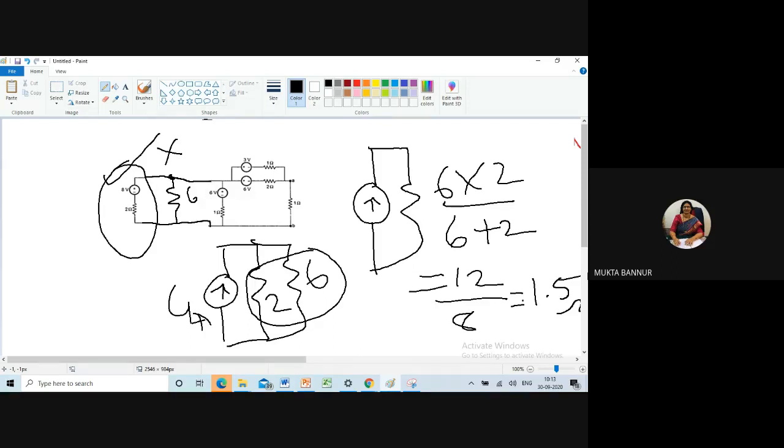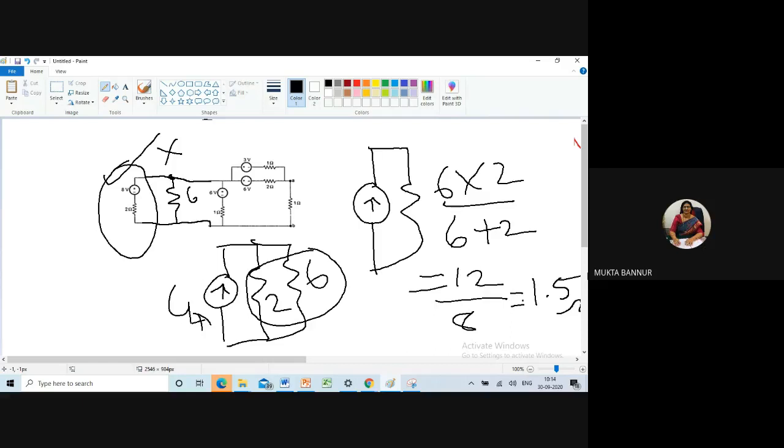Is there any doubt in it? No, ma'am. Okay, I'll send the same video. Ma'am, we can't combine two resistors unless the branch contains only one resistance. That 2 ohm is connected in series with the 8 volt source. So we can't combine it with the 6 ohm.